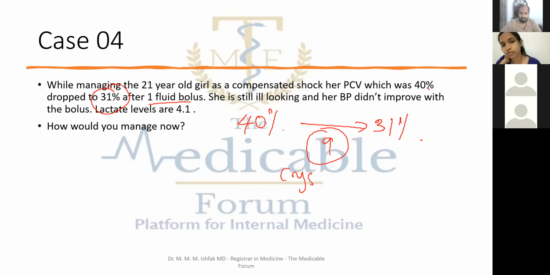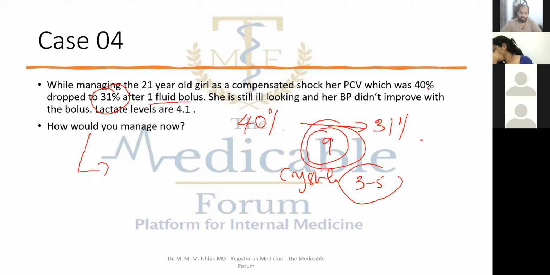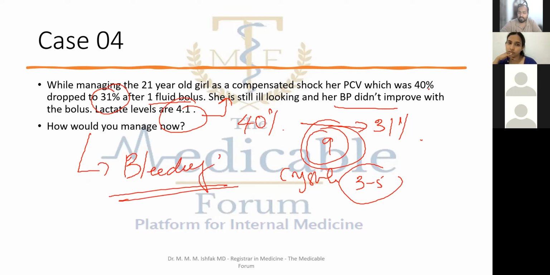Now let's say one crystalloid bolus will drop the PCV by 3 to 5, but here the drop is 9, more than 3 to 5. So what is your diagnosis? The lactate levels are also high. Blood pressure also did not improve. So what does this mean? There is bleeding.